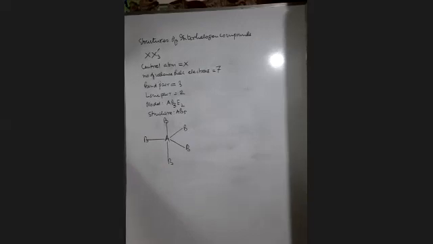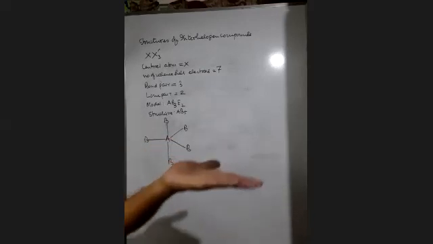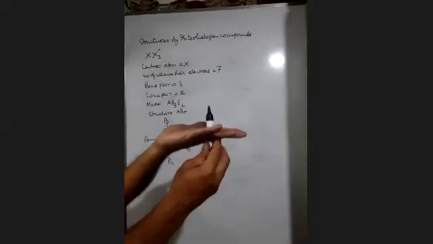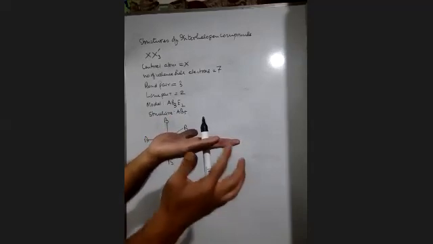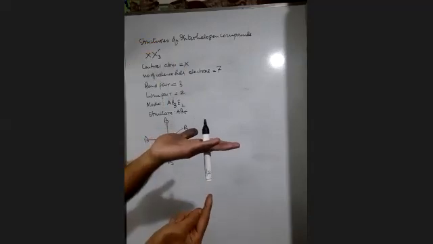Does it have a shape or not? The shape of this one is pentagonal bipyramidal. See, these 3 and A are in the plane like this, and this is the axis. One B is on the top, another B is at the bottom. So its original structure is pentagonal bipyramidal.